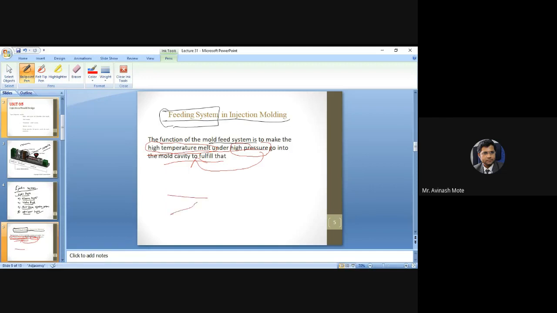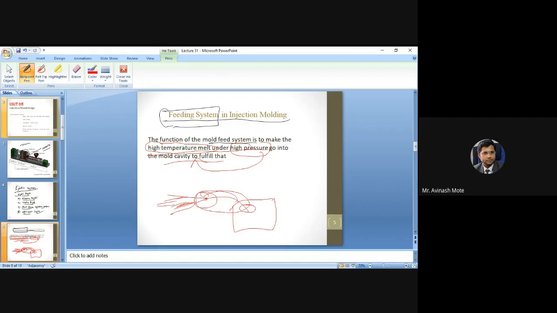Suppose this is the nozzle and this is the high temperature, high pressure material. To carry it to the mold cavity, because the product will be manufactured as the material is cooled in this mold cavity, this path from the nozzle to entry into the mold cavity is actually the feeding mechanism.